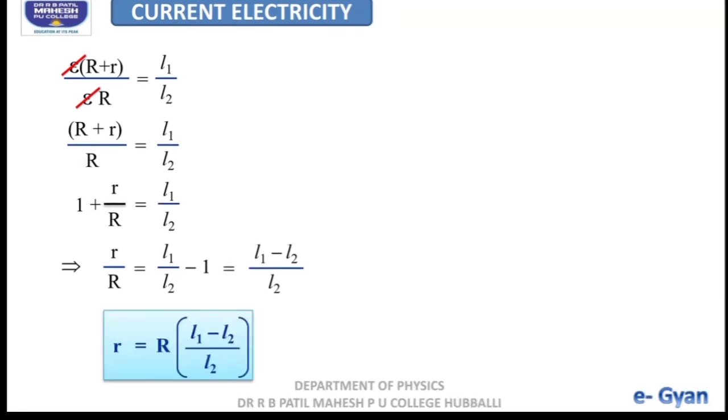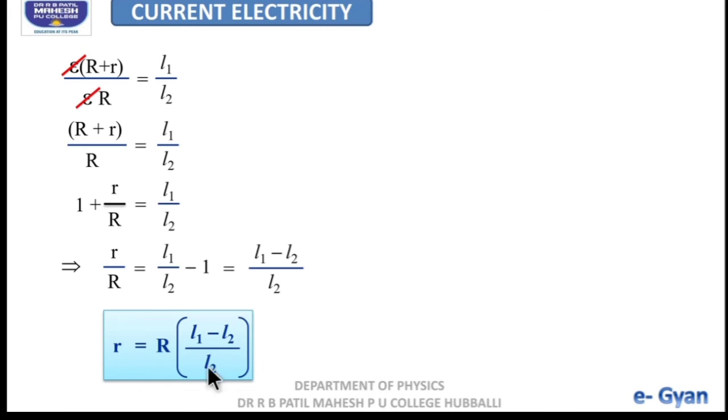Taking R as common, we get 1 plus small r divided by R is equal to L1 divided by L2. Rearranging, we get small r divided by R is equal to L1 by L2 minus 1, that is equal to L1 minus L2 divided by L2. Finally we can express small r is equal to R into L1 minus L2 divided by L2.